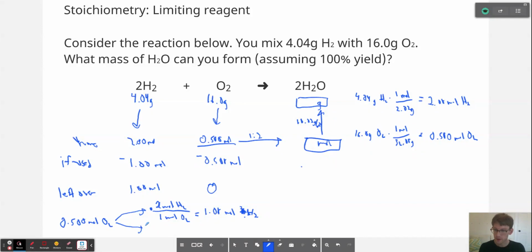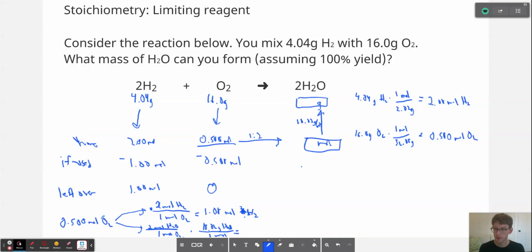So what I can do here is take 2 moles of H2O for every 1 mole of O2, and then multiply by 18.02 grams of H2O for every 1 mole.